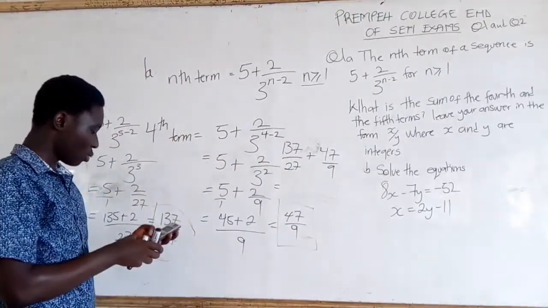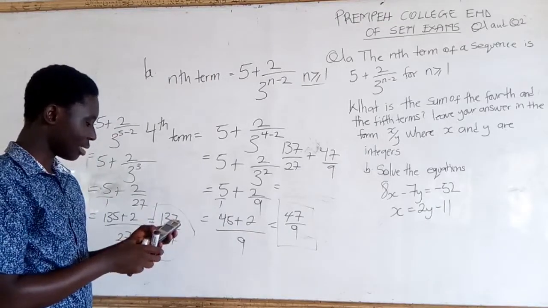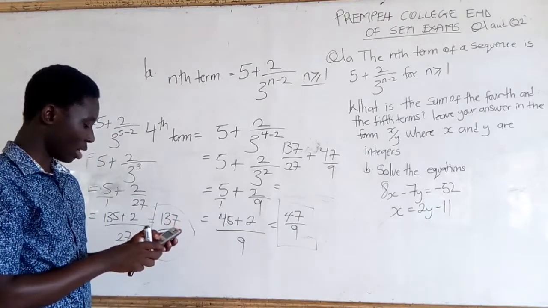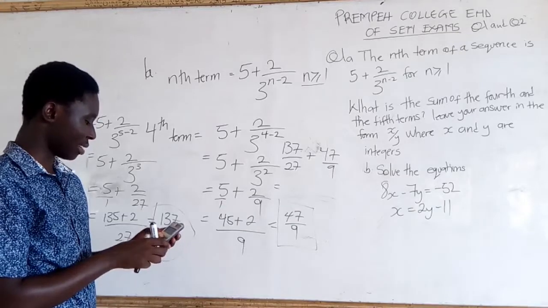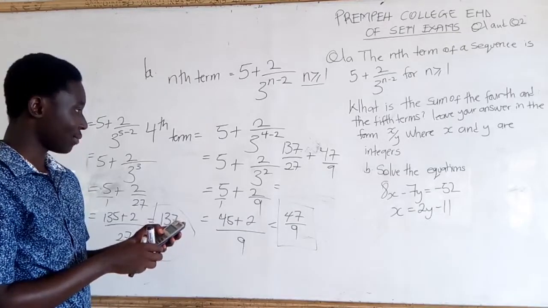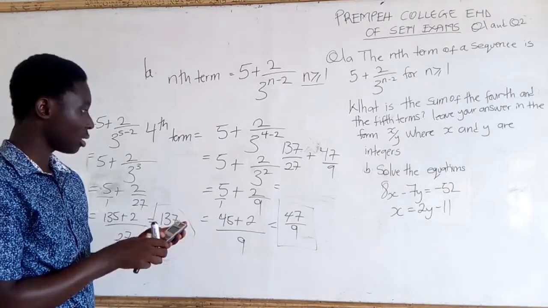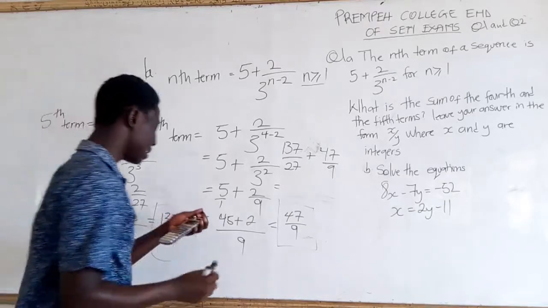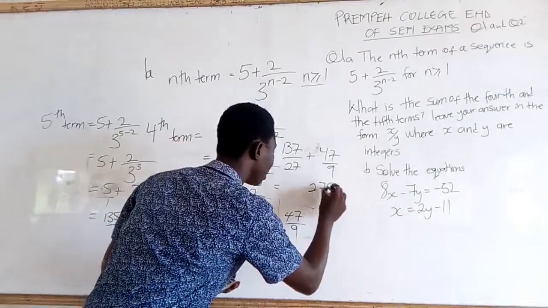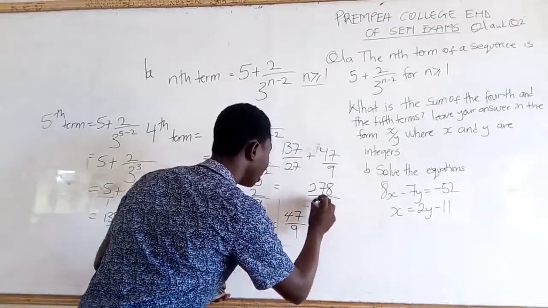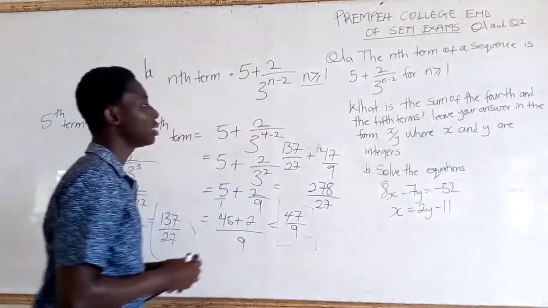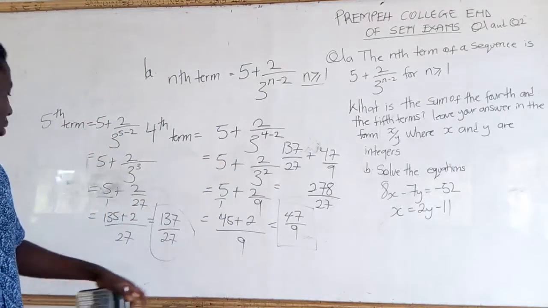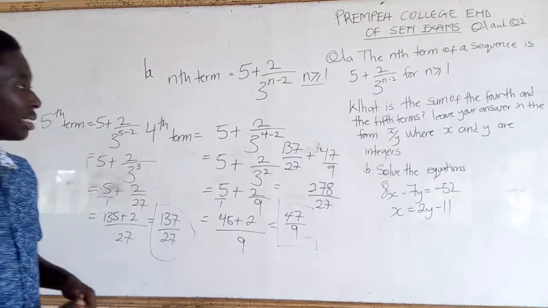So 137 over 27 plus 47 over 9, we are going to get 278 all over 27. So this will be our answer for question number 1A.